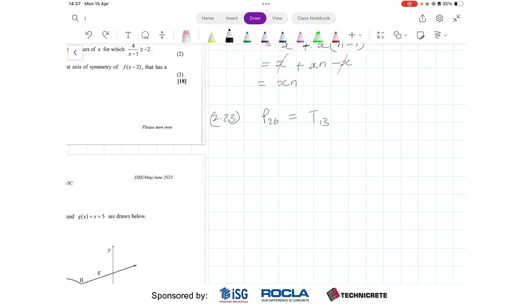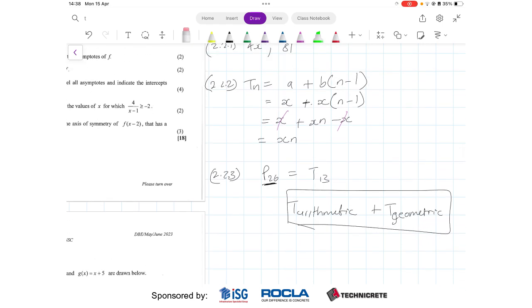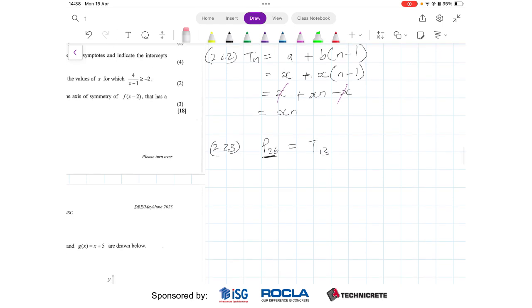Why is this? This is because our P sequence is given by the arithmetic T plus the geometric T. Because P is a combination of these two, we can decide to assign a half value for one of the sequences.